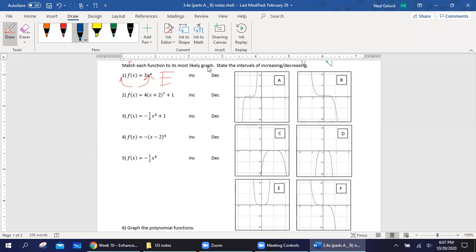Think of it going uphill. The only one that's going uphill from left to right is A. And this one never drops. You're always walking uphill. So this will be increasing from negative infinity to infinity. It's never decreasing.